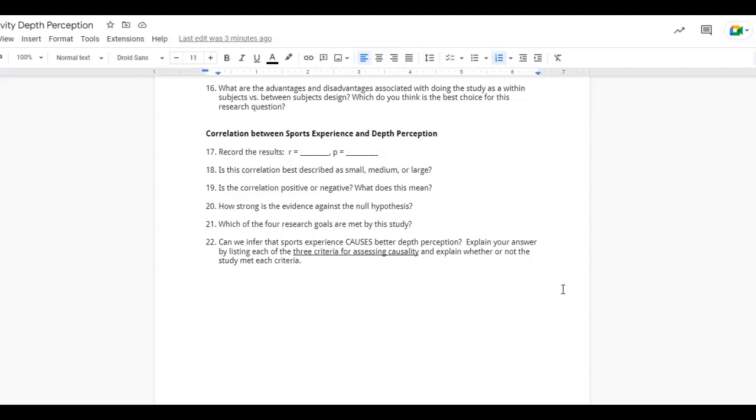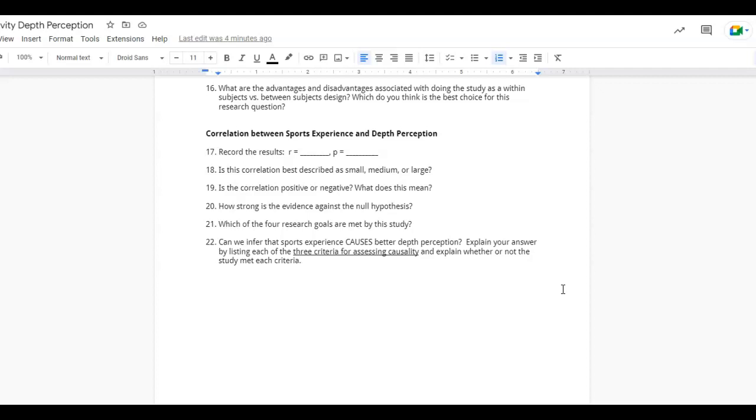Now in this case, can we infer that sports experience causes better depth perception? Well, no, and we can't for several reasons. One is that we don't even have covariance in this data set. There's no relationship between these two variables. We also don't have temporal precedence. We don't know if the better depth perception came before the sports experience.